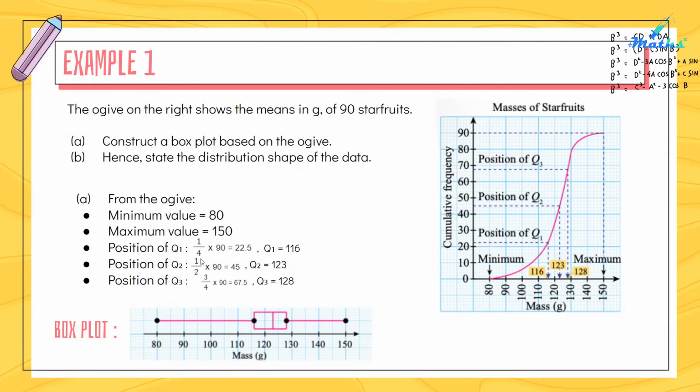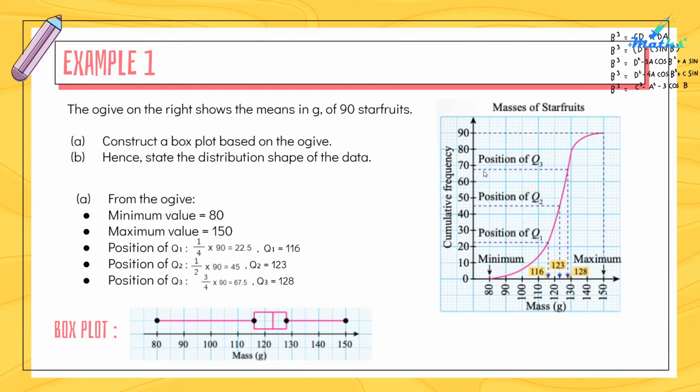For the Q2, 1 per 2 times 90 equals 45. In the graph, find the 45, touch the graph going down, so it's 123. For the Q3, it is 3 per 4 times 90, and we get 67.5.